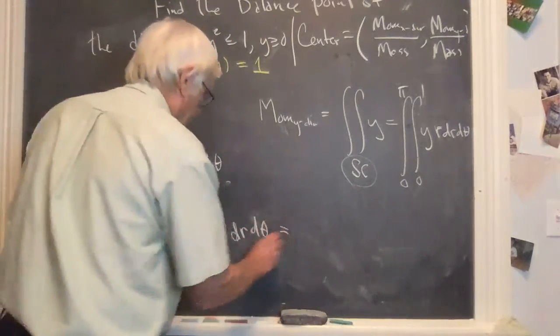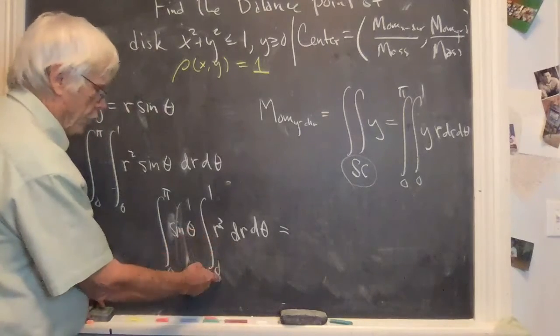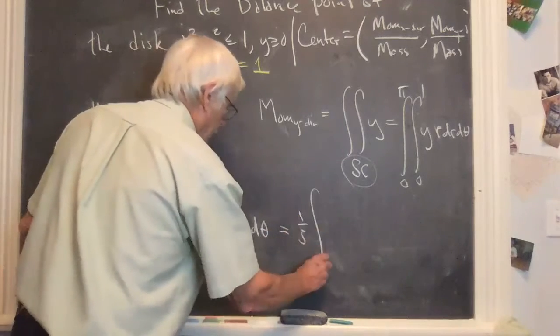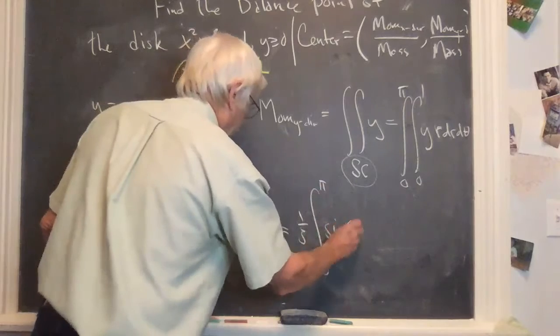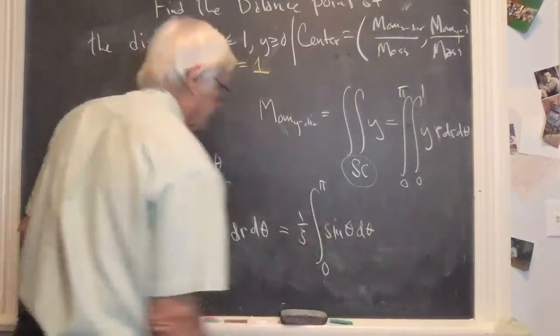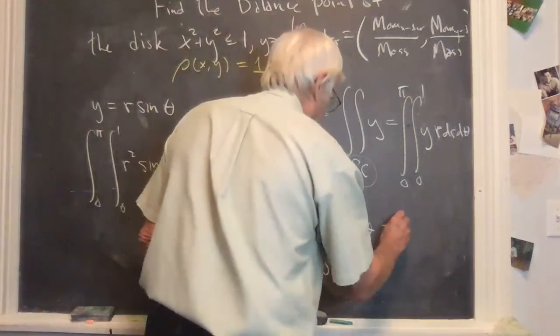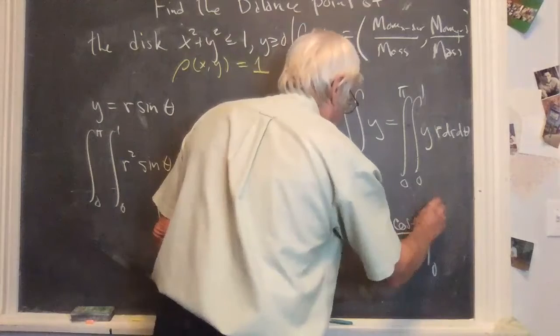equals. So this integral is just a third, r cubed over 3 between 0 and 1. And the integral from 0 to pi of sine theta d theta. Integral of sine is minus the cosine theta, over 3, between 0 and pi.